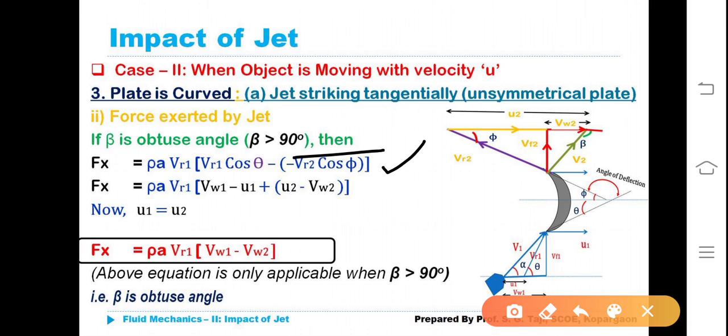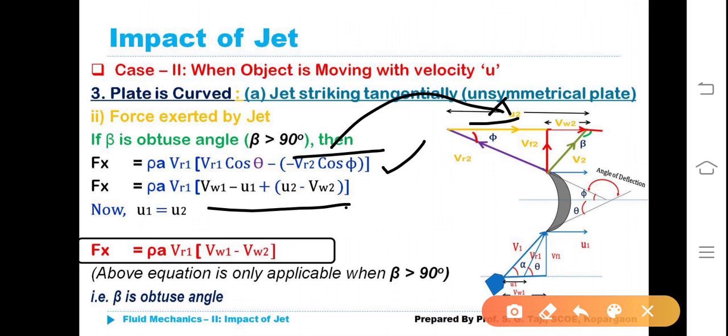Therefore, if you simplify, you will get rho A Vr1 whole multiplied by Vw1 minus u1 plus, minus into minus will become plus, u2 minus Vw2, because we have found out the value of component Vr1 cos theta separately from inlet velocity triangle and Vr2 cos phi from outlet velocity triangle.